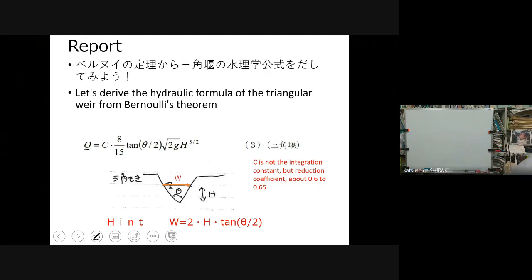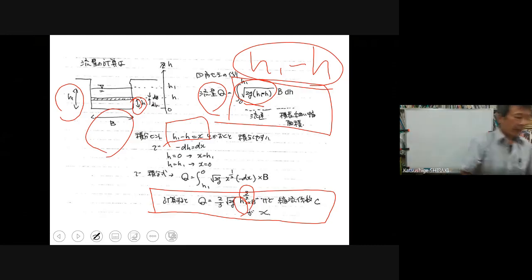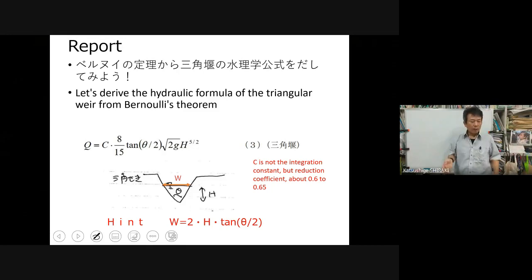You can see that for the rectangular weir, the water flow is determined by the overflow height to the power of 1.5. For the triangular weir, you can calculate like the rectangle here, and that is a student's report here, and the summary is like this.